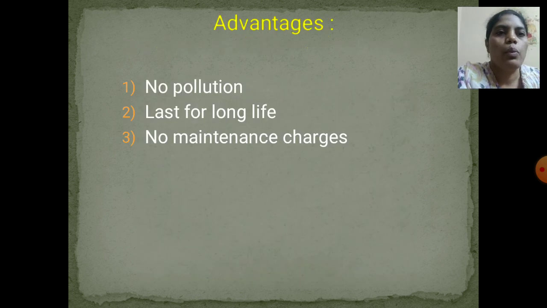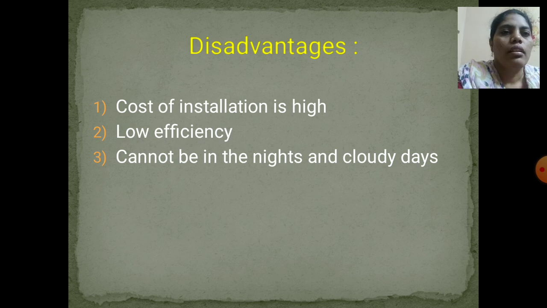Now here are some advantages of solar cell. There is no pollution because of solar cell, and it lasts for a long life. No maintenance charges. But then there are some disadvantages. Cost of installation is high.